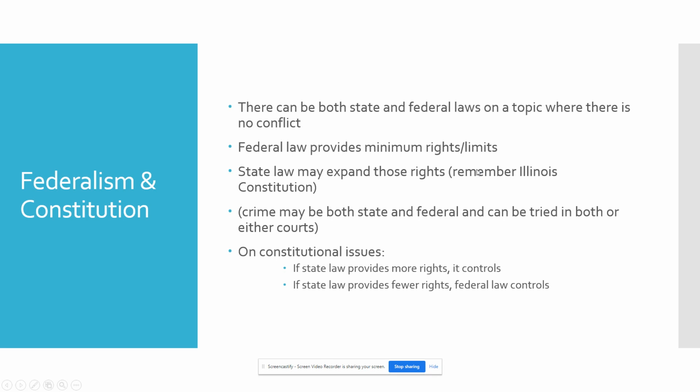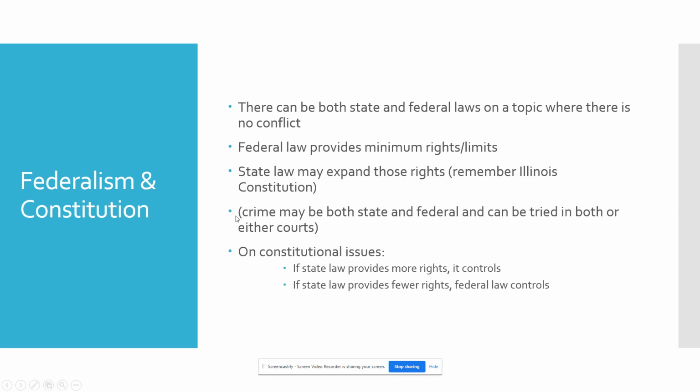So yeah, our federal law puts out our minimum rights. The state law can expand on those rights. Remember, we looked at the Illinois Constitution, which gave us more rights than the federal Constitution did. There can be federal crimes and state crimes, and it's really just who chooses to bring this alleged criminal to justice.